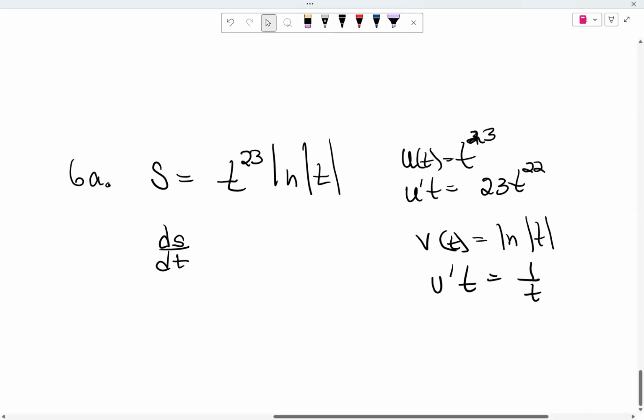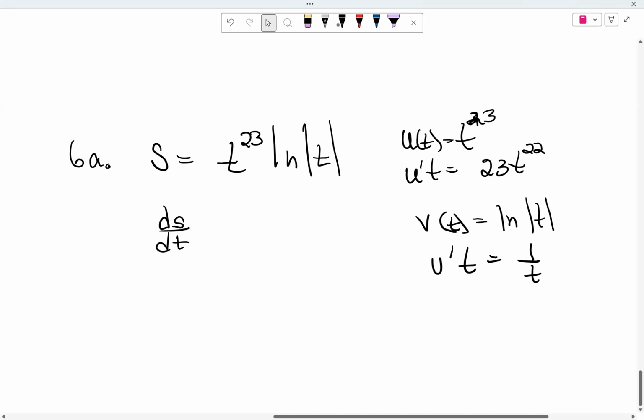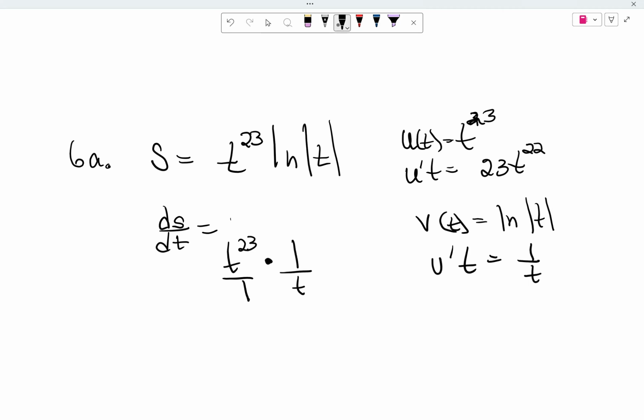So if I'm implementing that product rule, this is going to end up being T to the 23rd times my 1 over T. Be careful with that because remember this is over 1. So your first impression of saying that that's T to the 22nd is not off, by the way. But this continues, there's more to this.